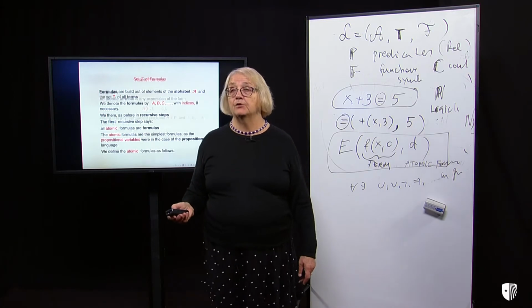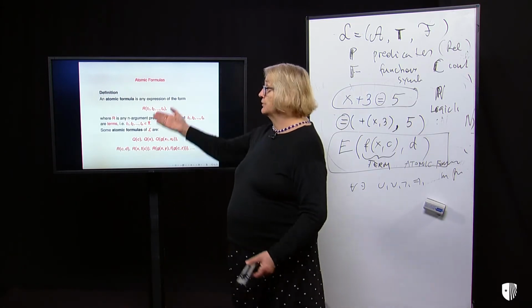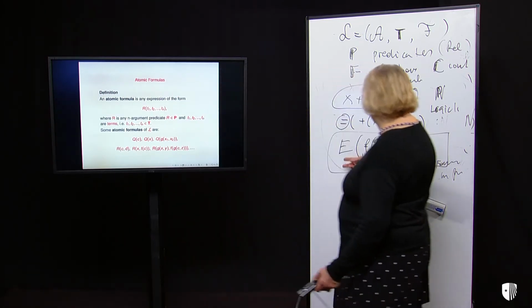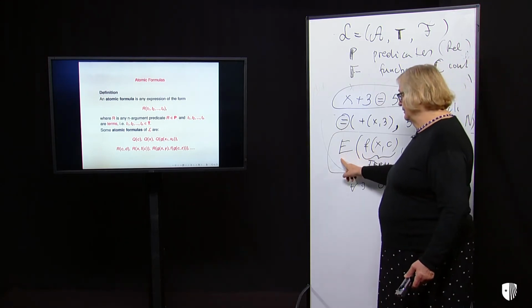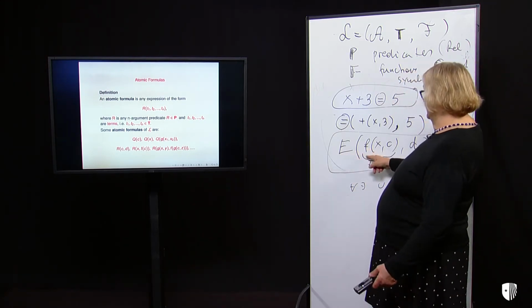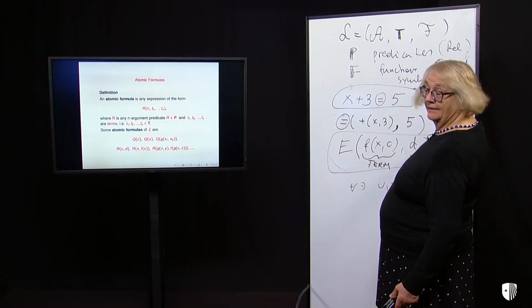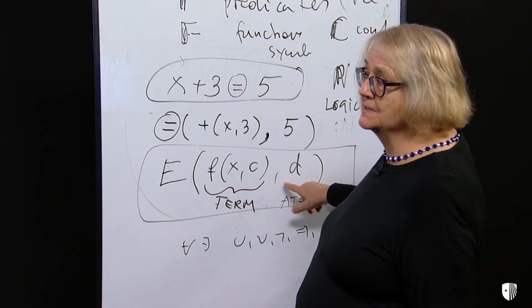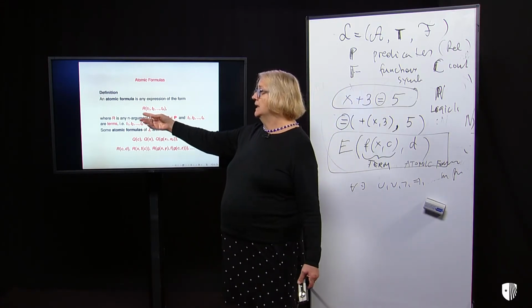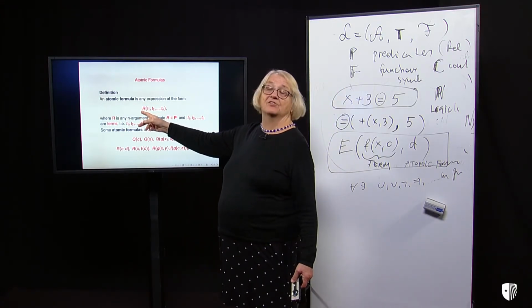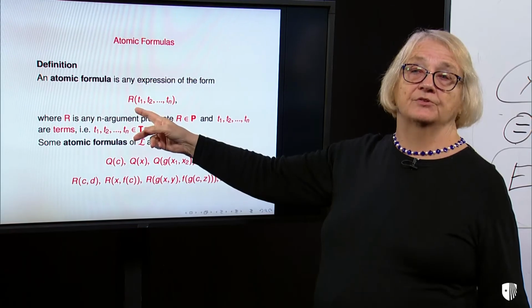So, atomic formulas. What is an atomic formula? This is an example of an atomic formula: a relational symbol, and here's a term, and this is another term, because constants are terms. So in general, an atomic formula is R applied to terms, where R is a relational symbol.